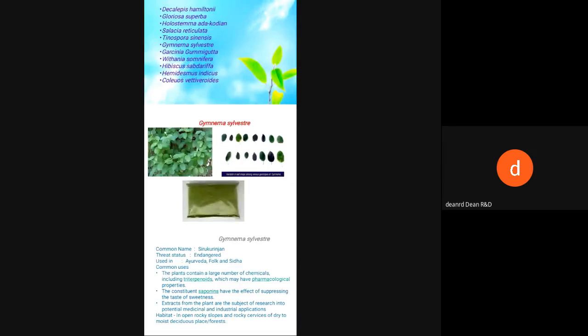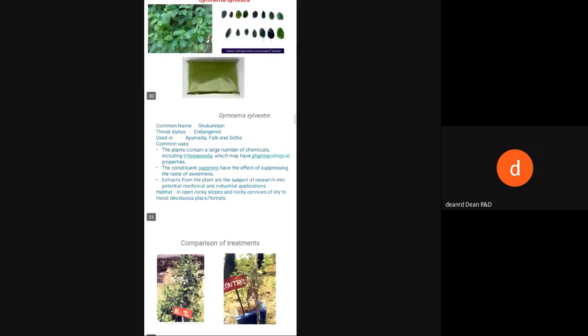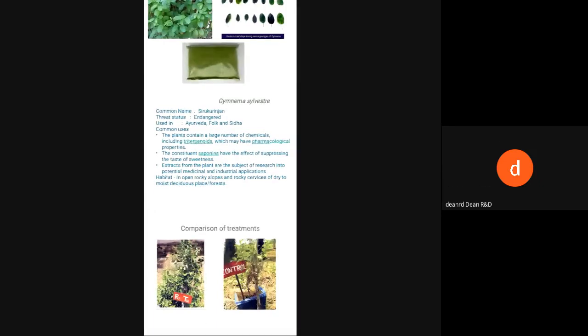This is the detail of Gymnema sylvestre, which in Tamil we commonly call Sirukurinjan. Its status is endangered, and it is used in Ayurveda, folk medicine, as well as Siddha. The plant contains a large number of chemicals, especially triterpenoids, which may have pharmacological properties, and saponins.